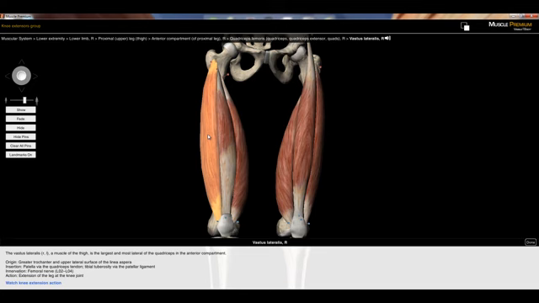The vastus lateralis is the large quad muscle on the lateral aspect in the anterior compartment, originating on the greater trochanter and lateral aspect of the linea aspera. So it does kind of wrap around a little bit, and then inserts via the patella in the tibial tuberosity.